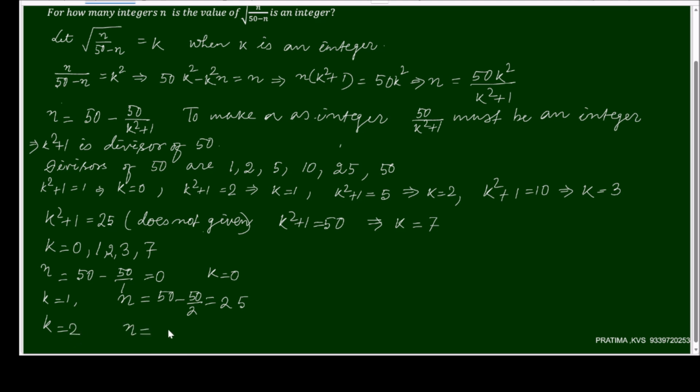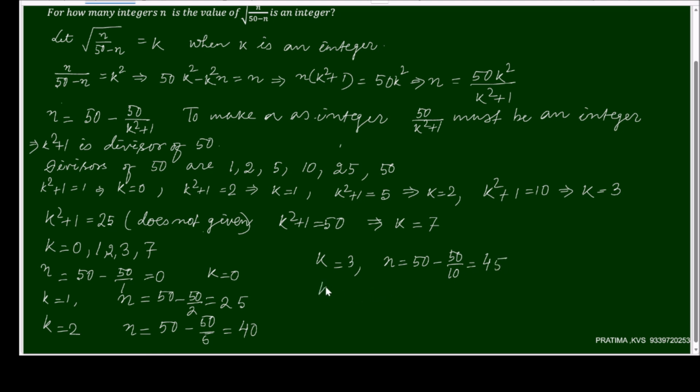n equals 50 minus 50 by 5, that will be 40. And k equals 3: n equals 50 minus 50 by 10, that will be 45.